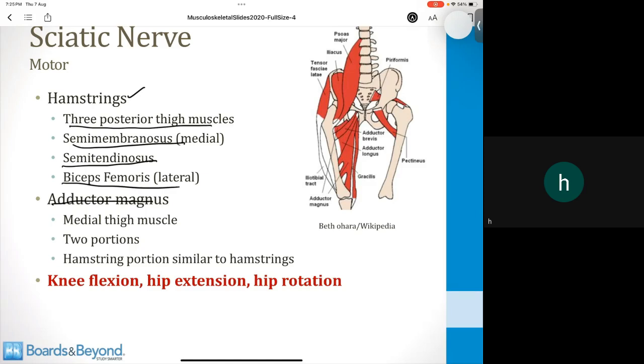Some portion of adductor magnus also acts as hamstring, with the same function, which is why it is supplied by the sciatic nerve. The adductor magnus has two portions; the hamstring portion leads to knee flexion, hip extension, and hip rotation.